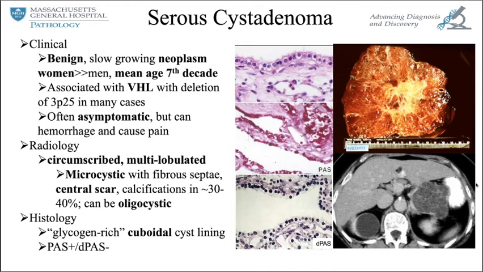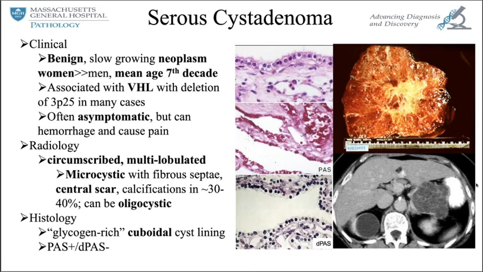And so they can be confused with primary cyst of the pancreas, often mucinous cyst. And so the clinical differential is: is it a premalignant mucinous cyst, or could it be an oligocystic serous cystadenoma?